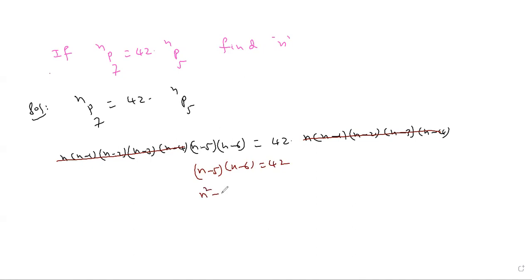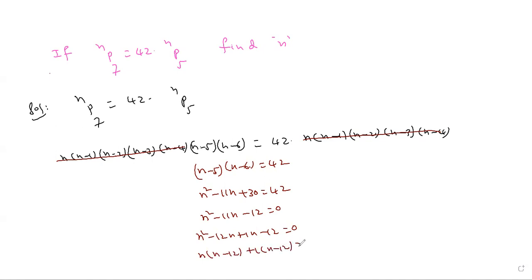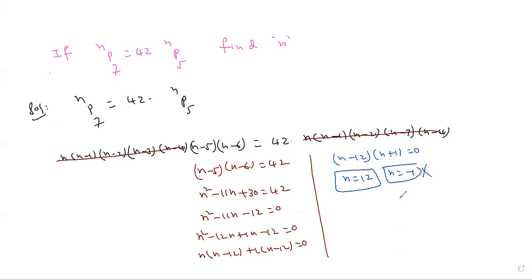So expand this: n square minus 6n minus 5n plus 30 equals 42. n square minus 11n minus 12 is 0. n square minus 12n plus n minus 12, a simple factorization. n(n minus 12) plus 1(n minus 12) is 0. (n minus 12)(n plus 1) equals 0. n equals 12, n equals minus 1. n cannot be negative, so the final answer is n equal to 12.